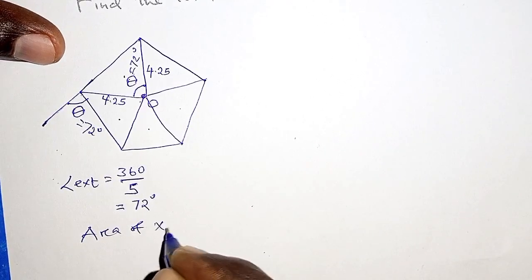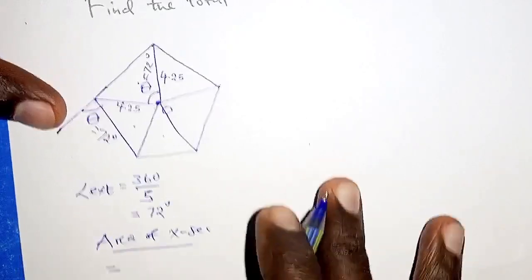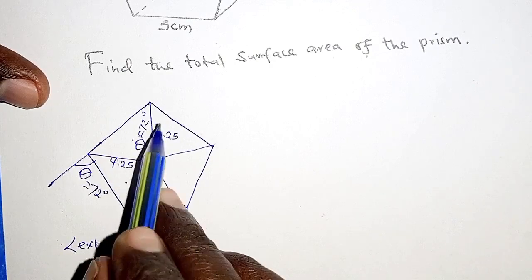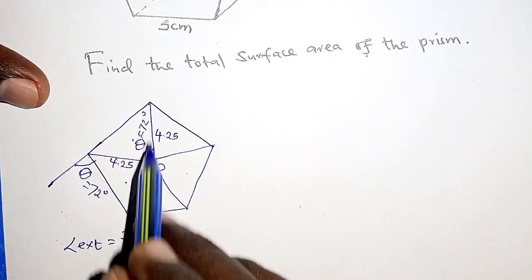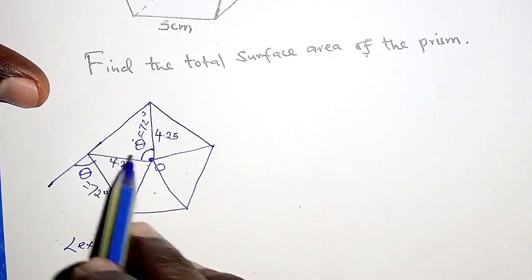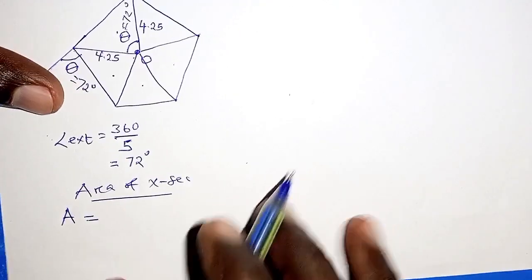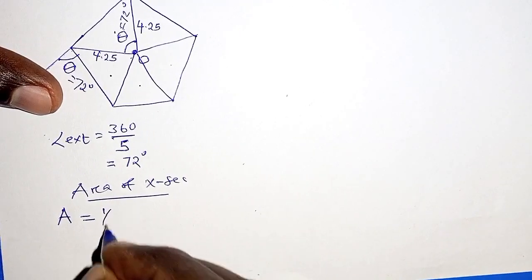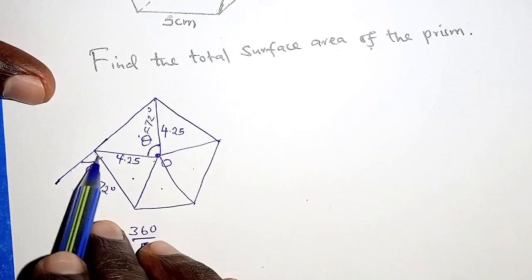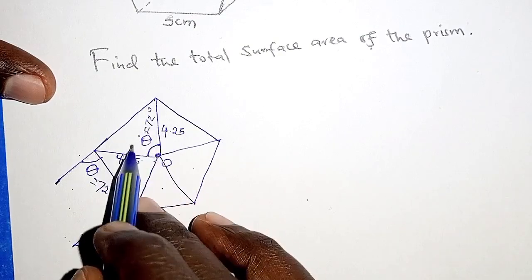The area of cross section here is obtained as follows. Remember, for this triangle here we have two sides which are 4.25 centimeters in length, and the two sides have an included angle which is 72 degrees. Now with that, we can therefore get the area using the sine formula, that is a half ab sine C, and our a and b are this 4.25 and 4.25, those two sides which have an included angle.